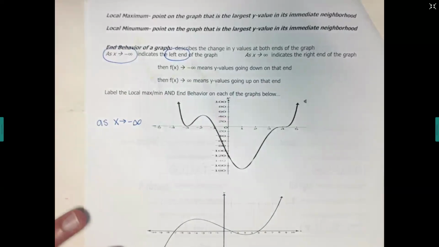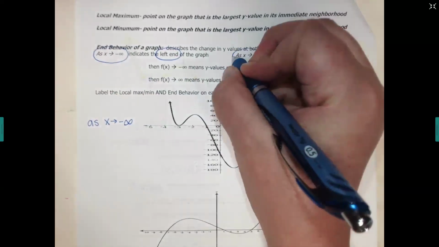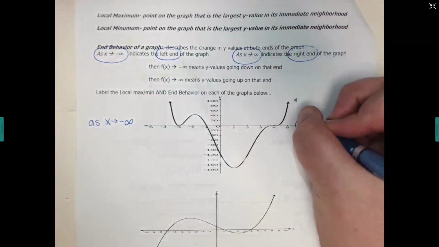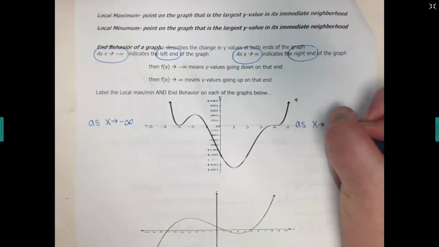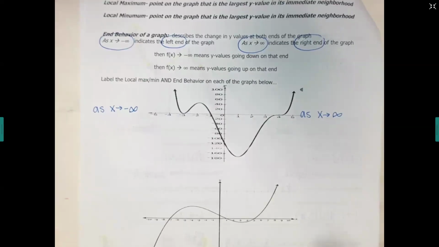If you are on the right end of the graph, you're going to let your x go to +infinity. So write that first. Okay, after you indicate which end you're looking at, you're going to tell which way the graph is pointed.